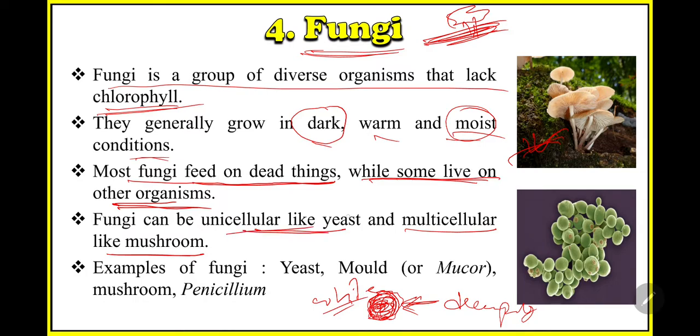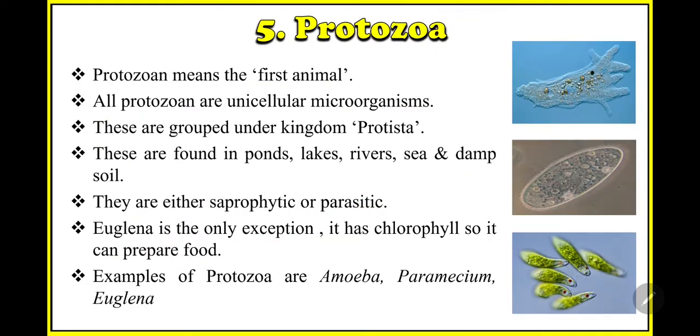The mushroom you all see is a multicellular organism, and yeast is a unicellular organism. Examples of fungi: yeast, mold, that is mucor, mushroom, and penicillium. Remember this name, penicillium, it will come in your utility purpose.